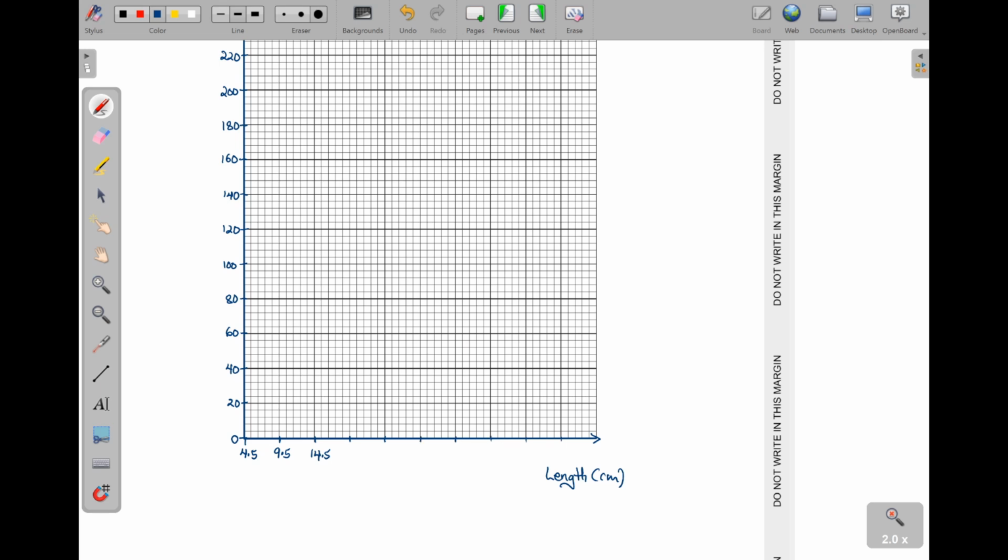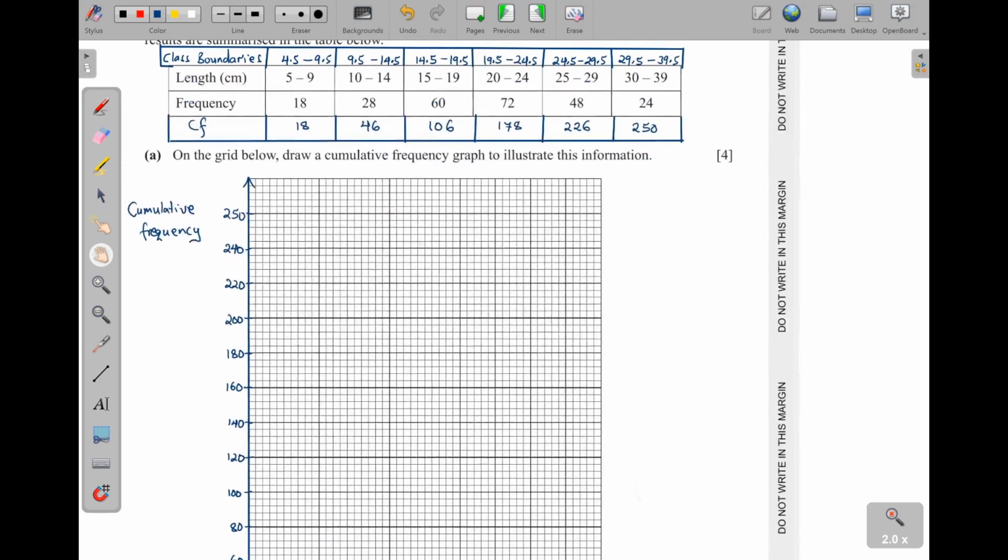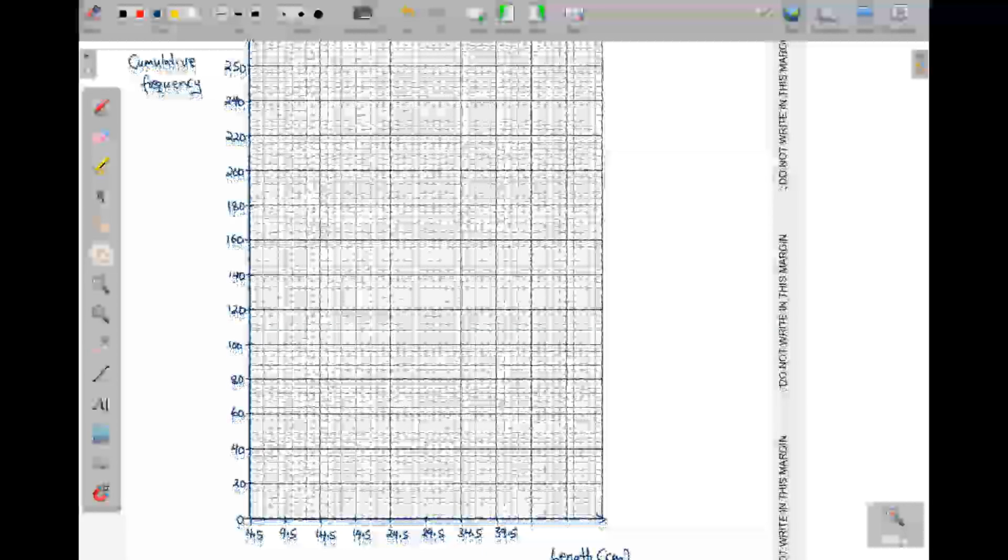It's a uniform scale, okay? Then we shall have 19.5, then 24.5, 29.5, 34.5, then 39.5, like that. I don't need any others because the last one is 39.5.